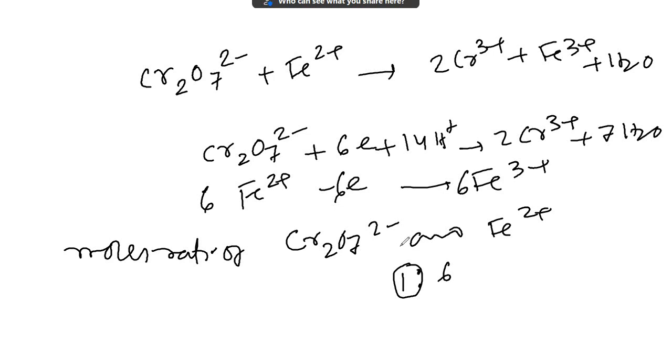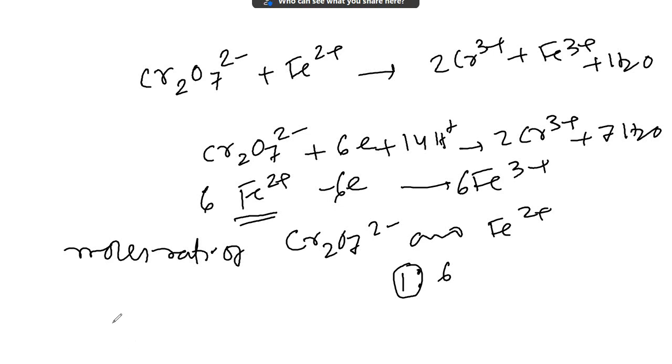Now what is given? They are asking for the mass of dichromate required to oxidize 750 ml of 0.6 molar Mohr's salt. Mohr's salt is FeSO4.(NH4)2SO4. Here Fe2+ is oxidized to Fe3+.